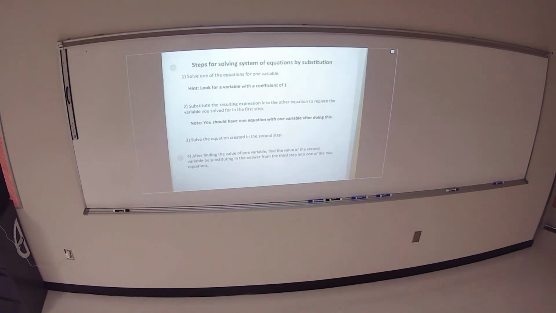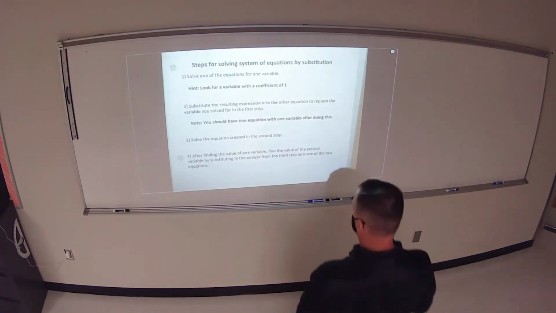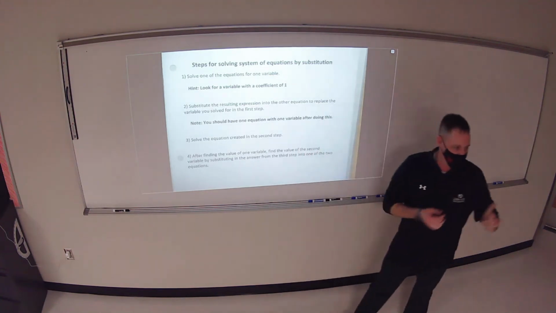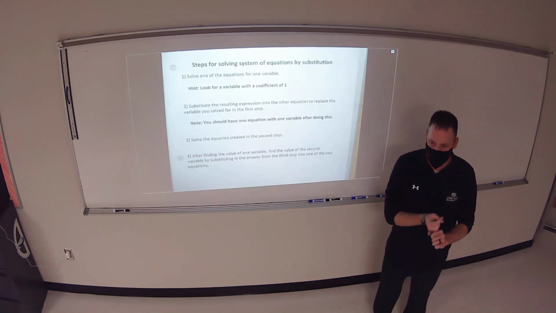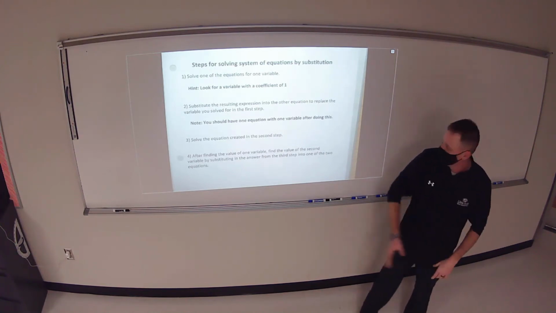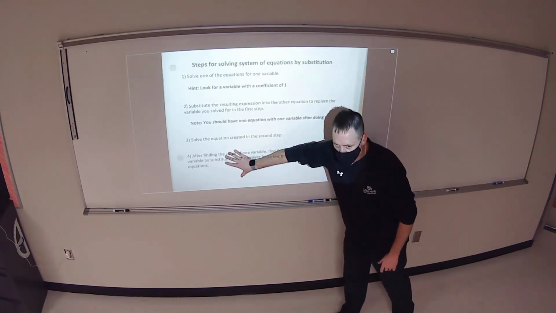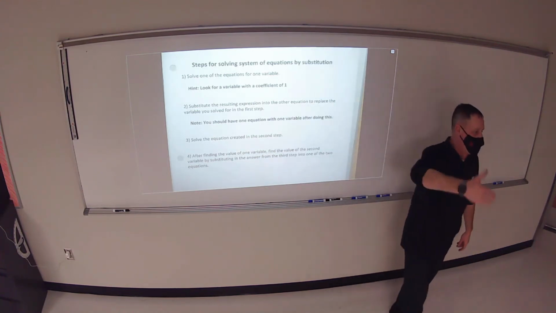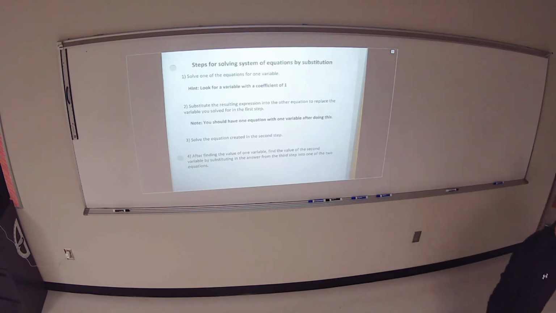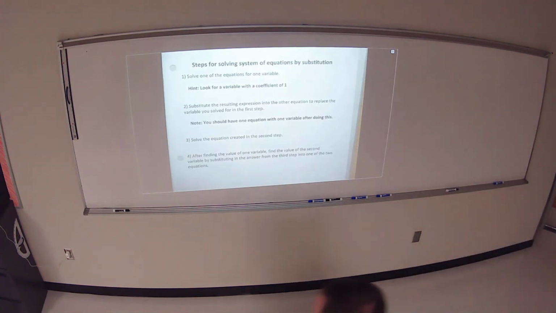When you solve by substitution, and later on solve by elimination, you're only going to find half of your answer. You're either going to figure out what x is, or you're going to figure out what y is. So step number 4 says after you found the first variable, you have to plug that in and find the second variable. You've got to find the second half of that answer. That's why there's a fourth and final step.